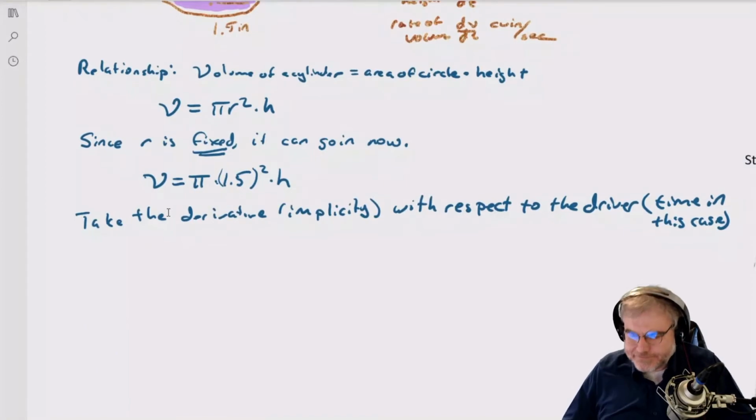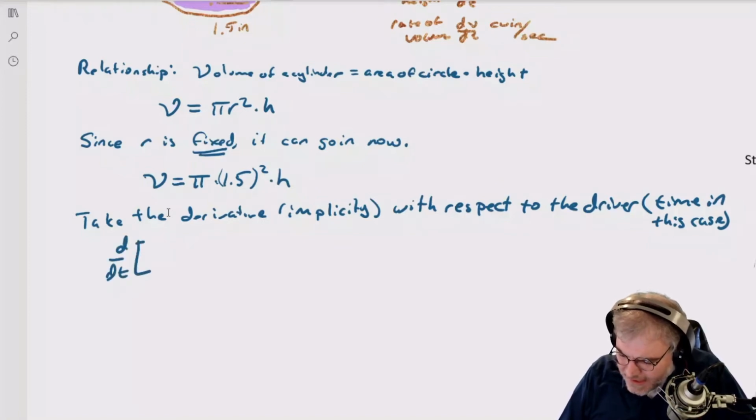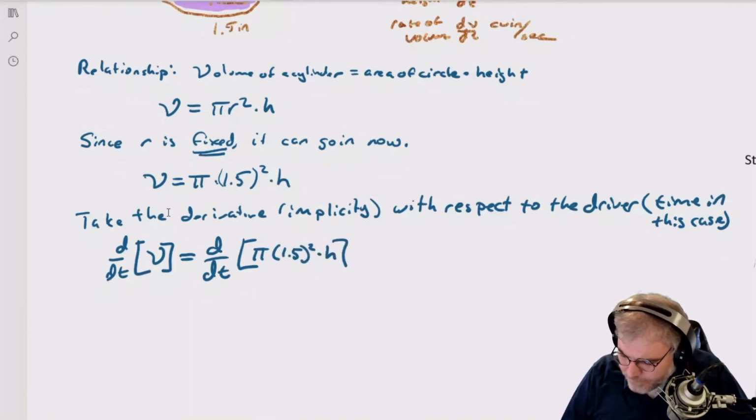Okay? So what I'm going to get is d over dt of the left equals d over dt of the right. Okay?